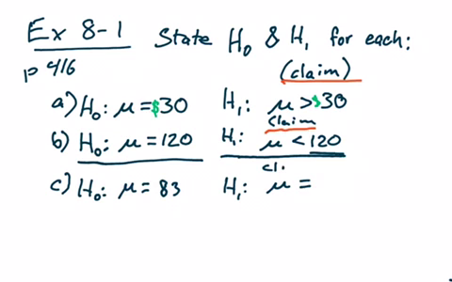So the claim is still over here in the alternative hypothesis. It's what we are trying to prove through the research. And here, they don't know whether it's going to increase test scores or decrease test scores. All we are trying to determine is whether or not there is a difference.